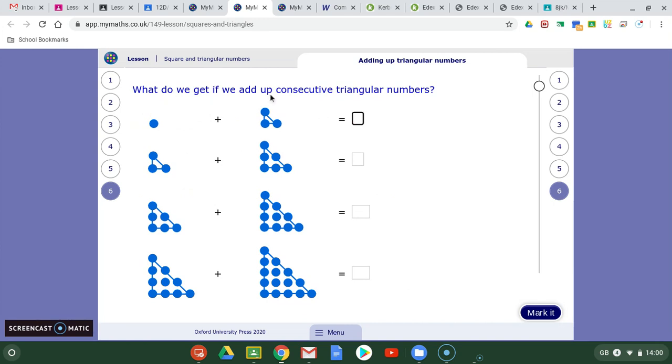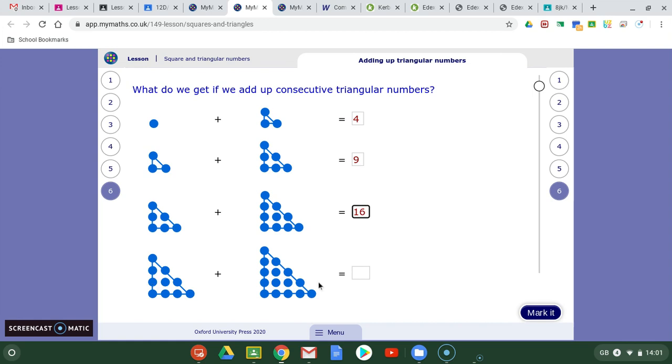So what do we get if we add up consecutive triangular numbers? 1 plus 3 gives me 4. 3 plus 6 gives me 9. 6 plus 10 gives me 16.